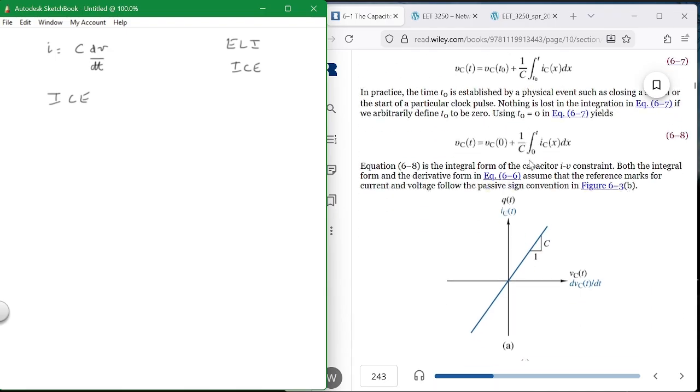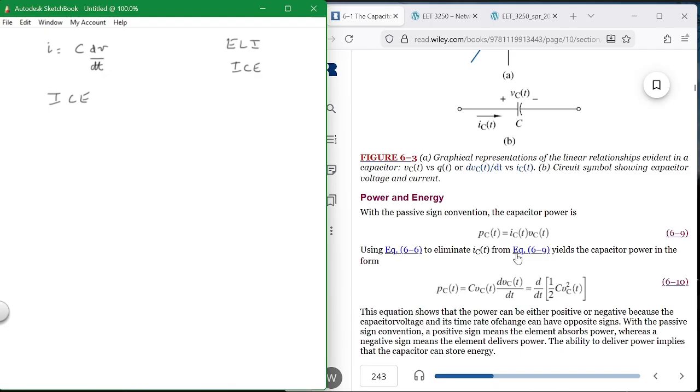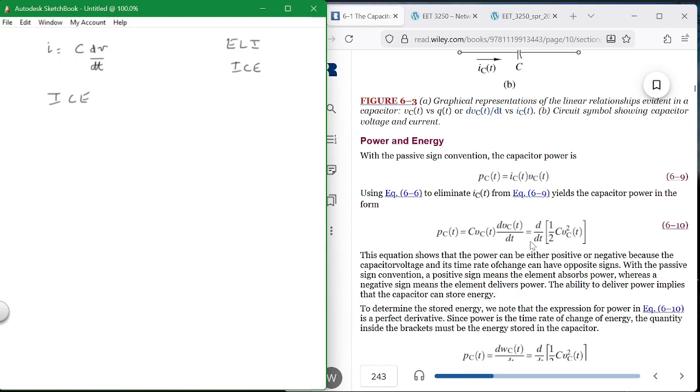So that gets you the two formulas. And this is the power. So instantaneous power is this, and it's also this.